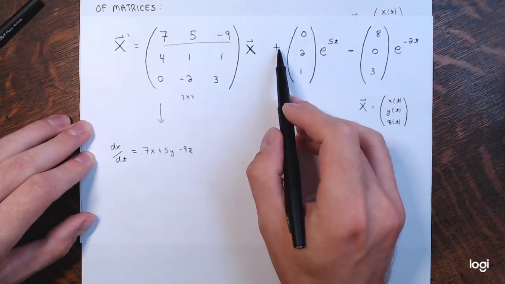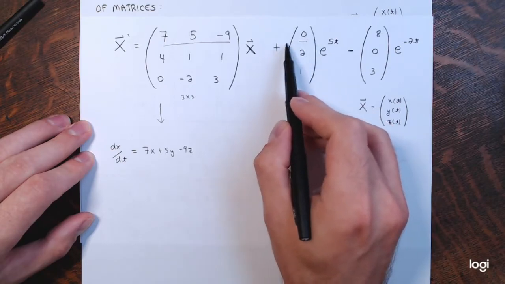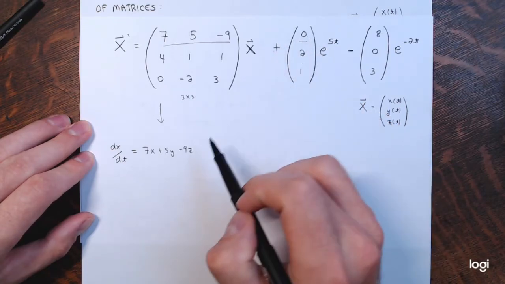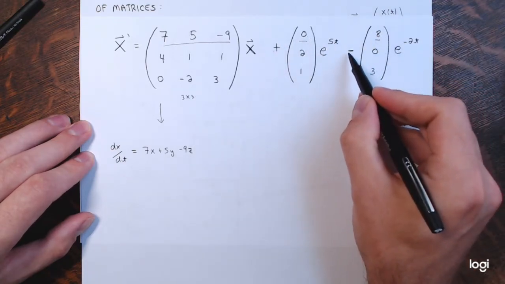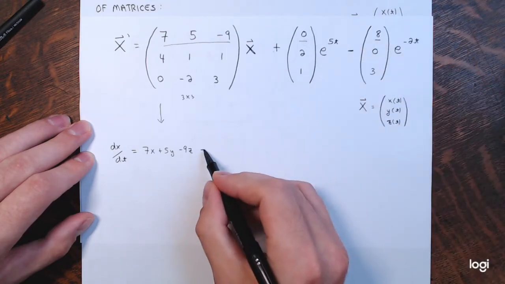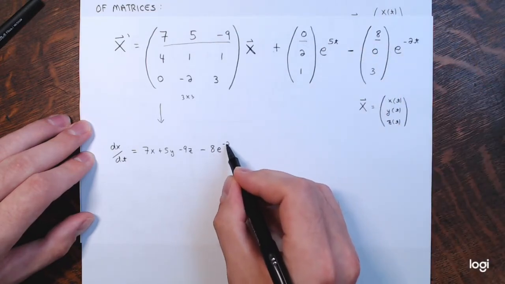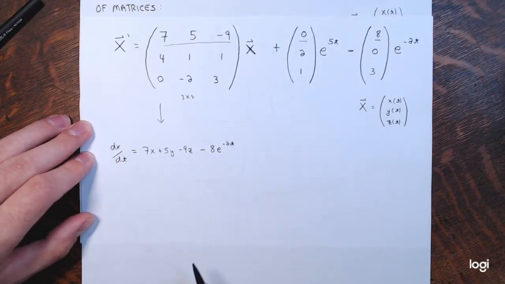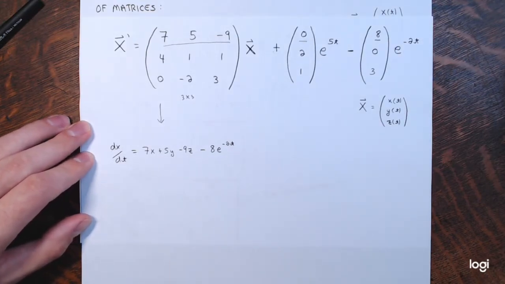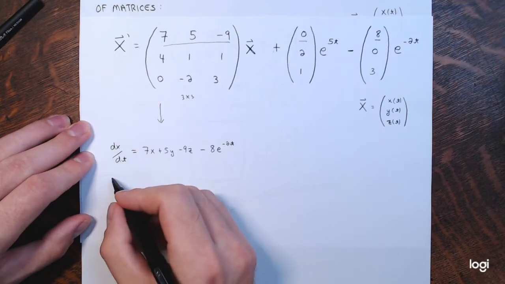And then looking at the first row here, plus 0 times e to the 5t, so plus nothing. First row here, minus 8 times e to the negative 2t. So this is all the first row stuff, making one equation. Then all the second row stuff.